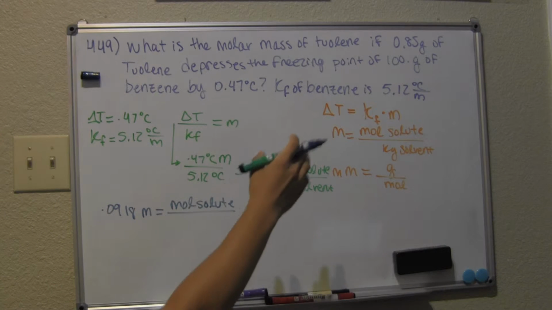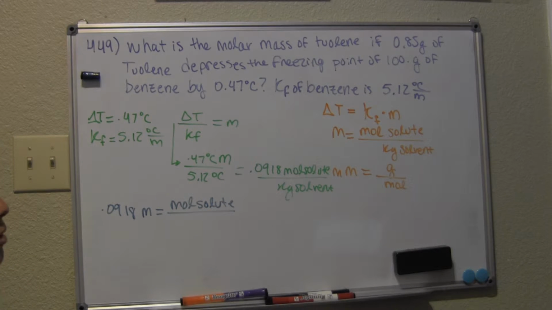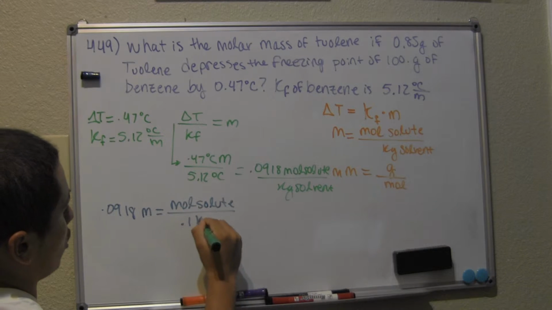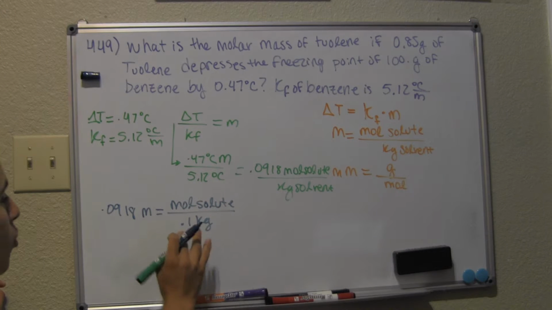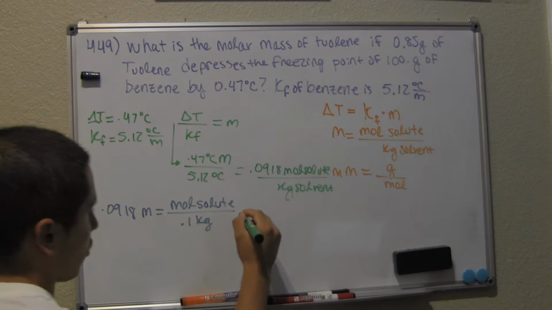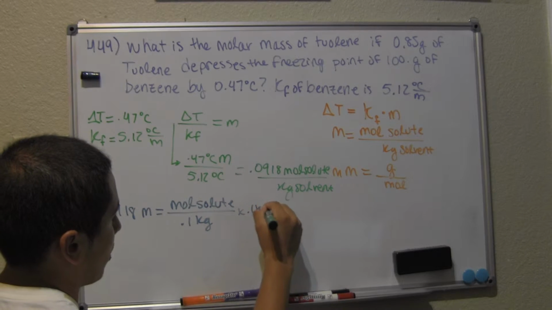Alright, so we're given 100 grams. If you do the dimensional analysis, you find that 0.1 kilograms is the equivalent of 100 grams. You just divide by 1,000 and you get 0.1 kilograms. In order to isolate moles of solute, you multiply by 0.1 kilograms.